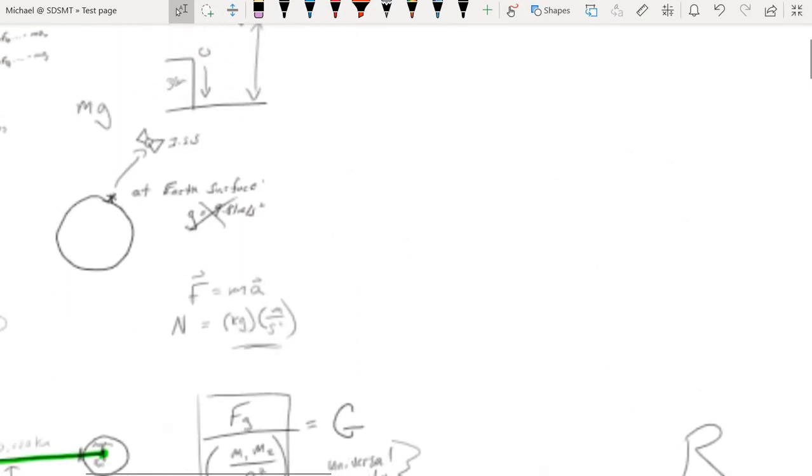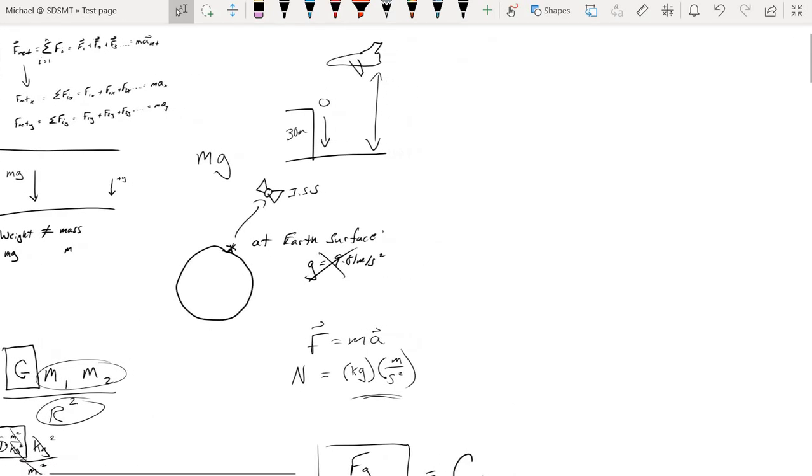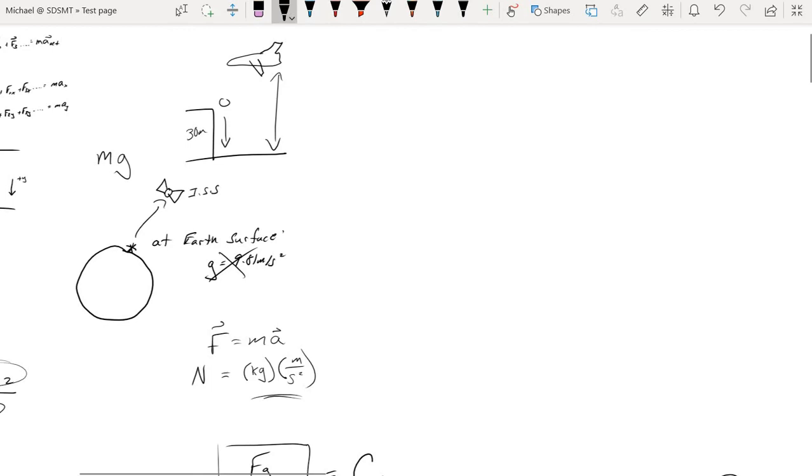I know that's probably way more than you were expecting, but I will say that probably 90% or more of our physics problems will deal with situations that are at the Earth's surface, and so we can continue using mg, where g is equal to 9.81 meters per second squared.